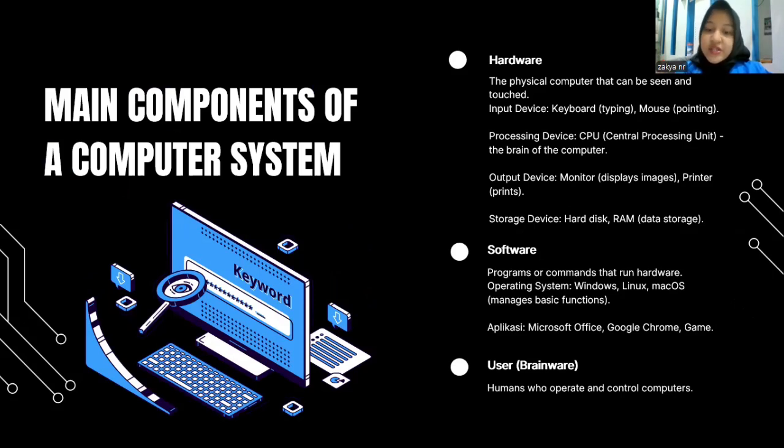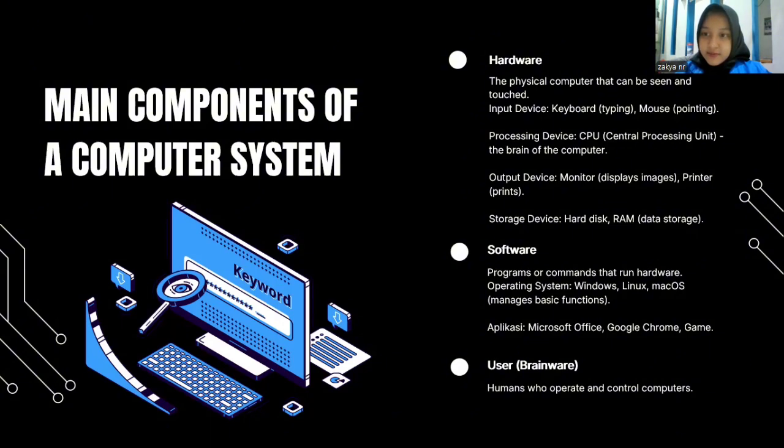Number three is user or brainware, the human who operates and controls the computer. Examples of hardware are input device, processing device, output device, and storage device. Examples of software are applications, such as Microsoft Office, Google Chrome, and others.